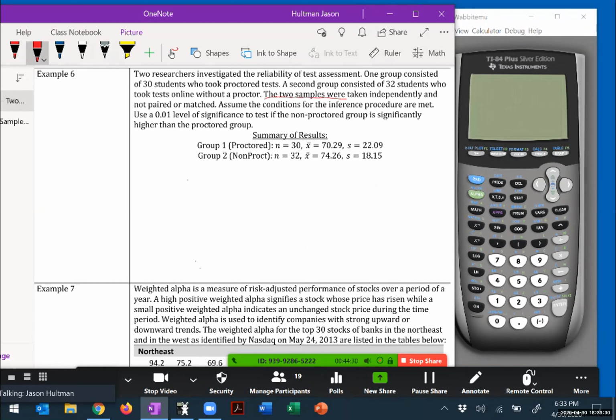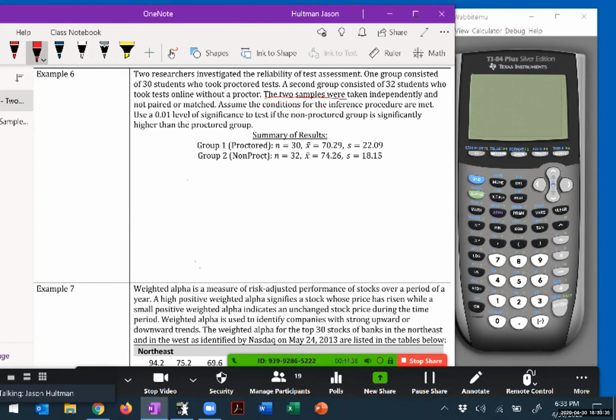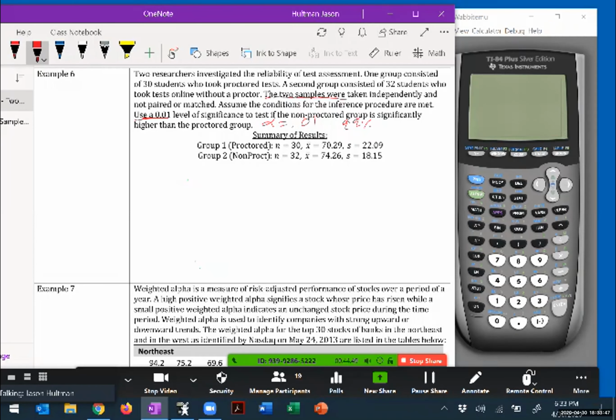Assume the conditions for inference procedure are met. Use a 0.01 significance level. So alpha in this case is 0.01. We want to be 99% certain that there's no difference here. Let's see how we do.